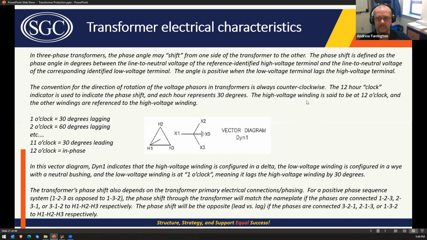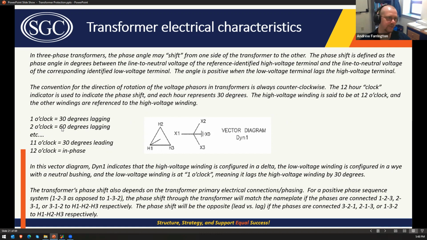So D, the high voltage winding, is at midnight, and this 1 means that the low side lags, because if midnight were here, 1 o'clock would be here, and for a counterclockwise rotation, the delta winding would lead the 1 o'clock winding, the Y winding, by 30 degrees. So 1 o'clock is 30 degrees lagging, 2 o'clock is 60 degrees lagging, etc.